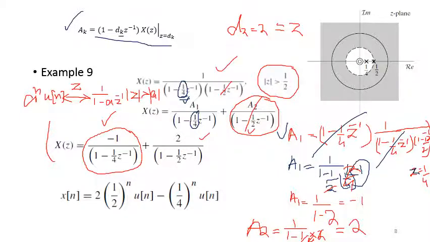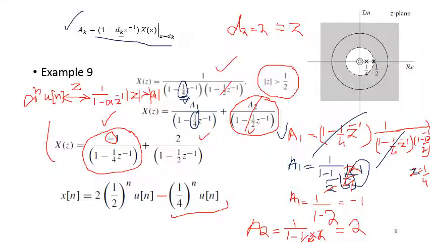So if you compare the first term with this generalized expression, basically a is 1/4. Because we have a minus here, that minus comes here, and a is 1/4, so it will be (1/4)^n u[n], right? That's exactly what you get for the first term.